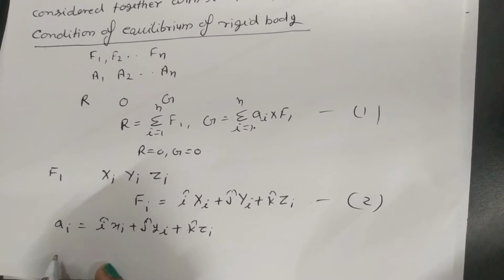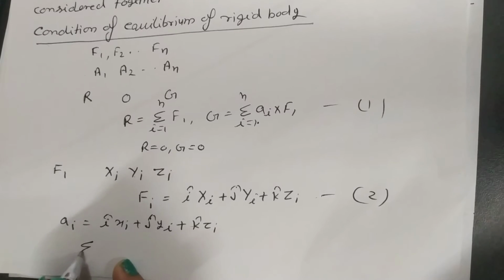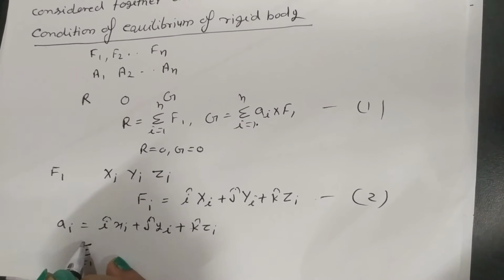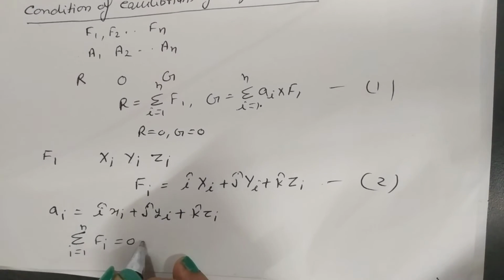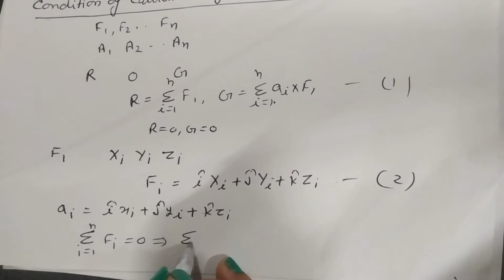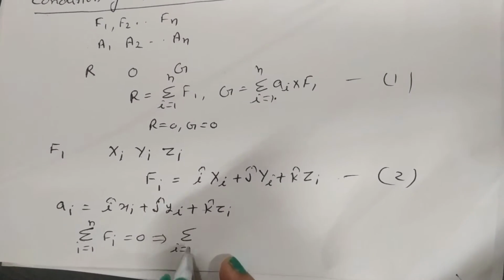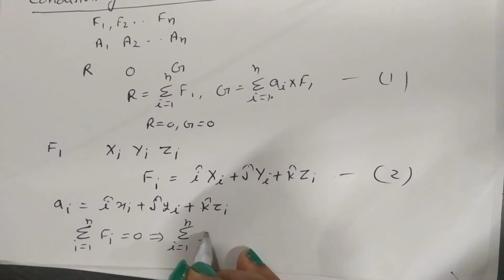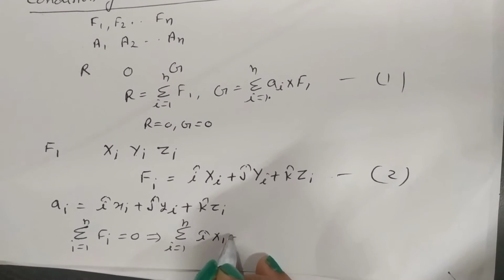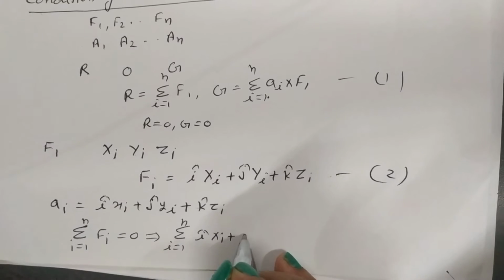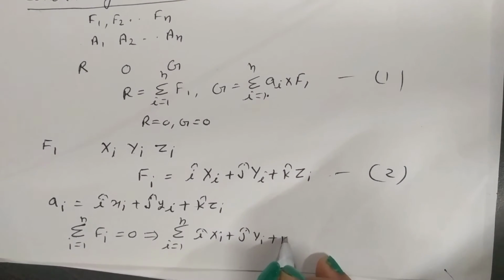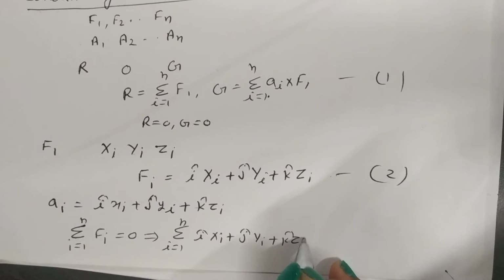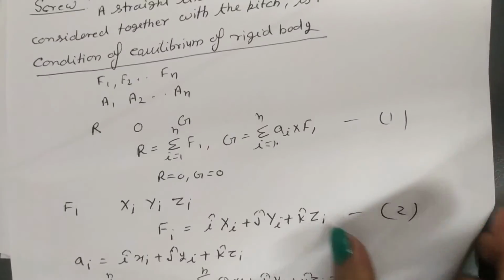Then we have sigma i varying from 1 to n Fi is equal to 0, which implies sigma i varying from 1 to n of i xi plus j yi plus k zi is equal to 0.